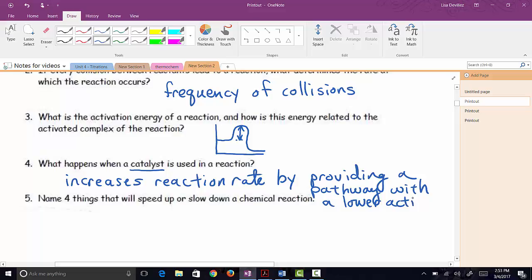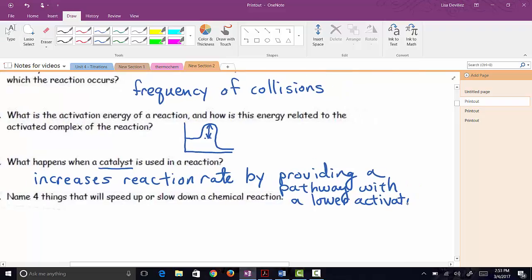Okay, and so that means that more collisions will go forward and create products.